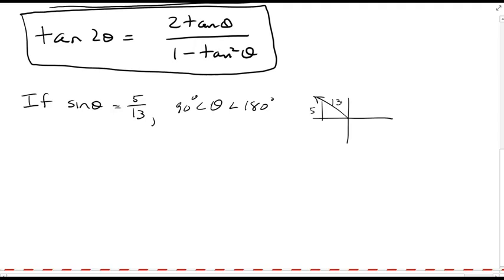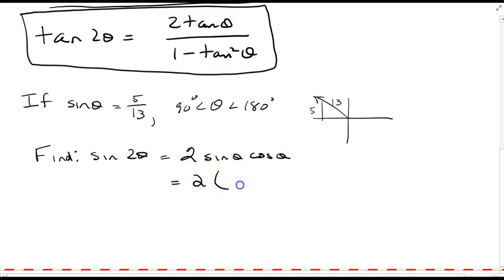So you can find different things based on that. You can find, for example, sine of 2 theta. That's going to be 2 sine theta cosine theta. We already know sine theta, it's 5 over 13. Cosine theta you do have to get from drawing that angle in the appropriate quadrant and finishing it with the Pythagorean theorem.